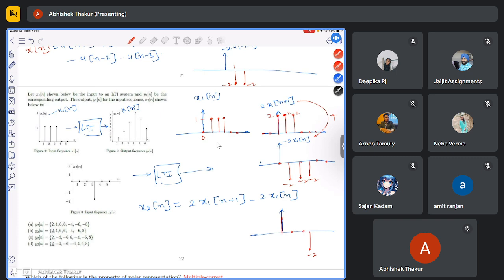So actually, it's not getting that sum. See, there is some problem in this input sequence because getting this x2n from x1n is quite complex.